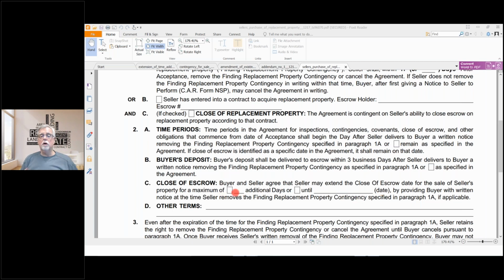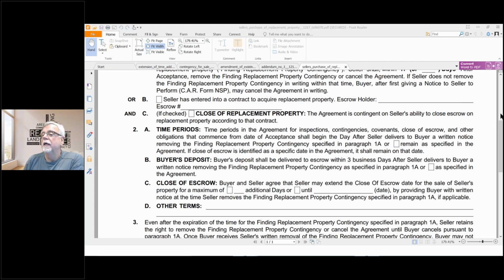But usually, normally, those of you that have heard me talking about this, it's normally better where it says the close of escrow to put in a specific date, right? A specific date. This is an exception to it, because we don't really know when the whole contract is really going to kick in until the seller has removed that contingency.